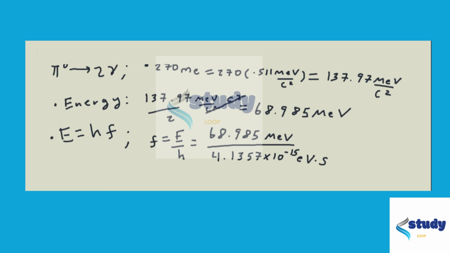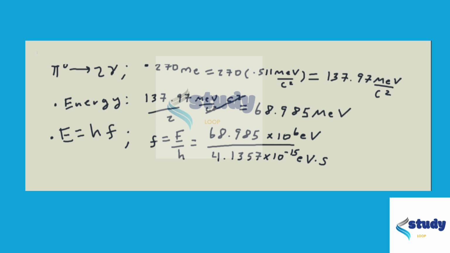Notice this M just means times 10 to the 6. So we could change this on the top so that it's all in electron volts: times 10 to the 6 electron volts. Electron volts on the top and bottom cancel, and we're left with seconds on the bottom.